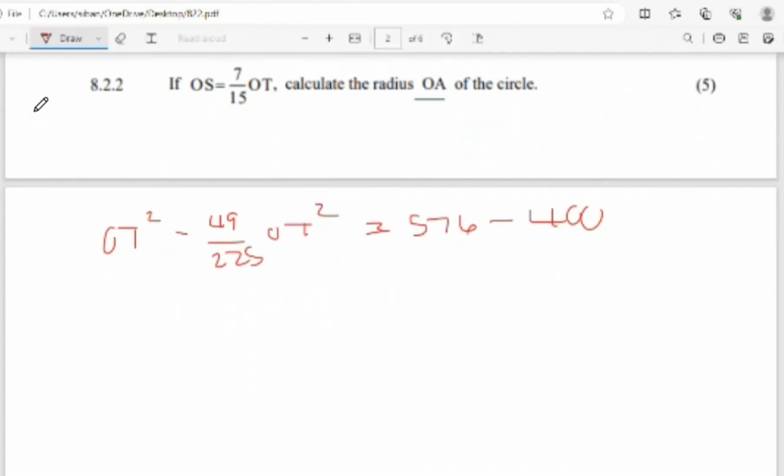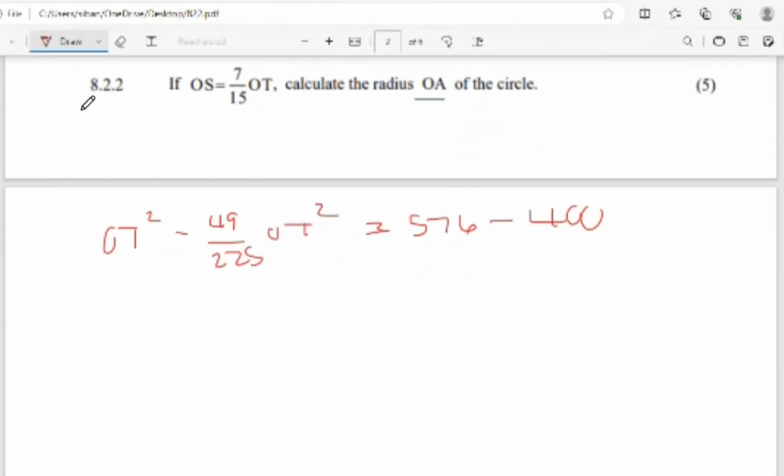Now I need to say OT squared minus 49/225. That will give me 176/225 OT squared. 576 minus 400 will give me 176.